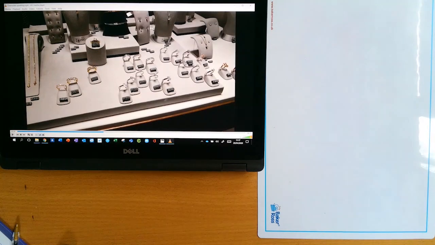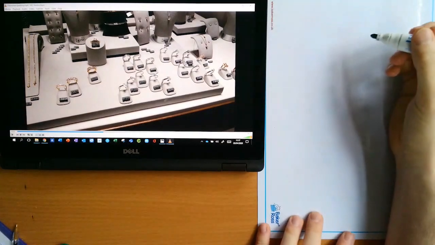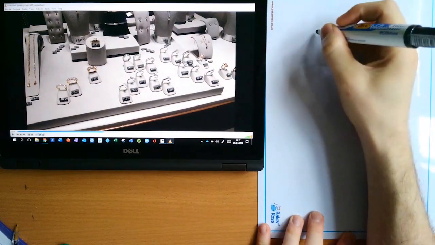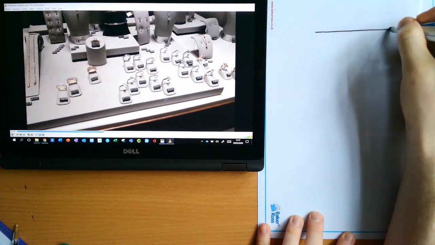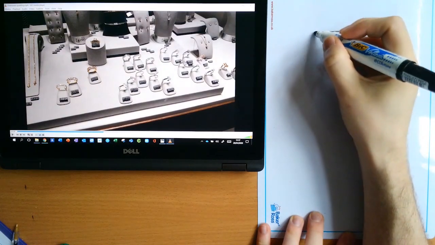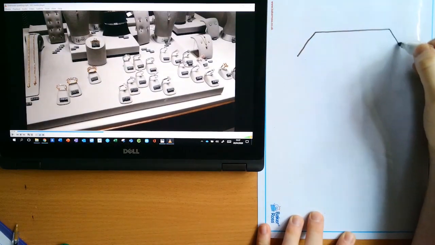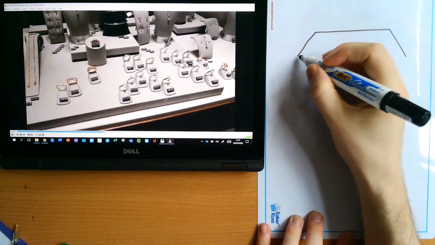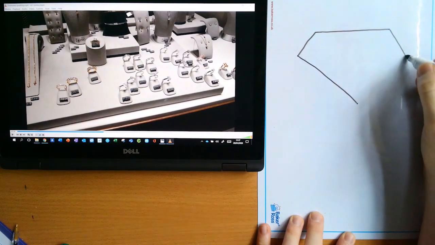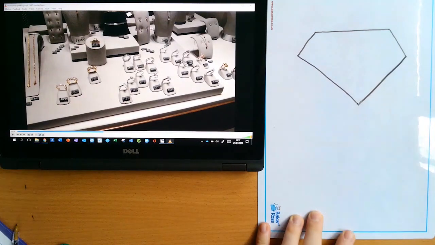So, in terms of a diagram for this, diamonds are cut in a certain way to give them a certain shape, and as a rough version of that, this is the sort of shape they normally have.